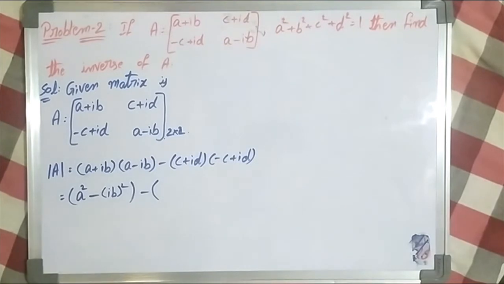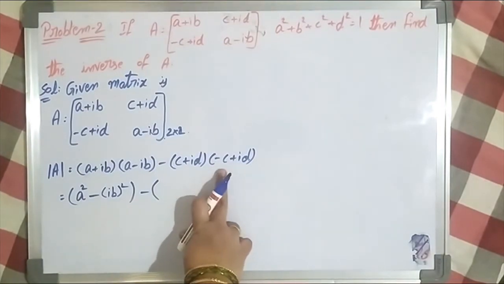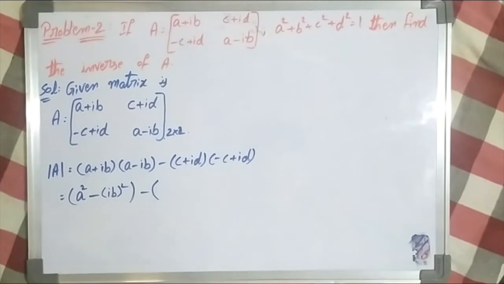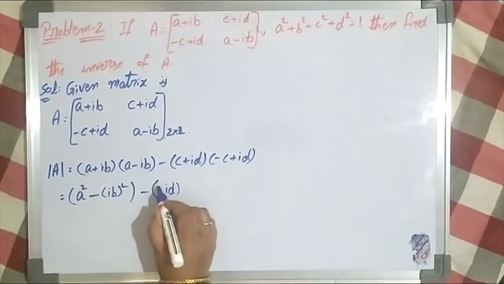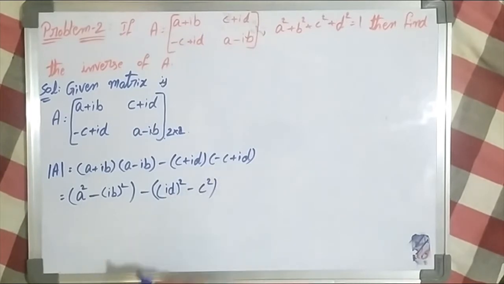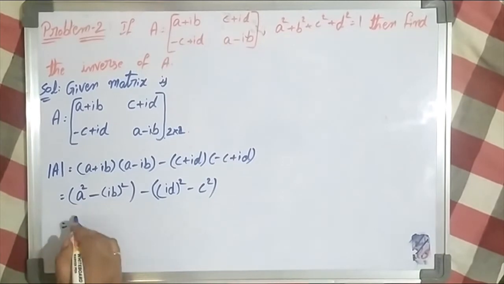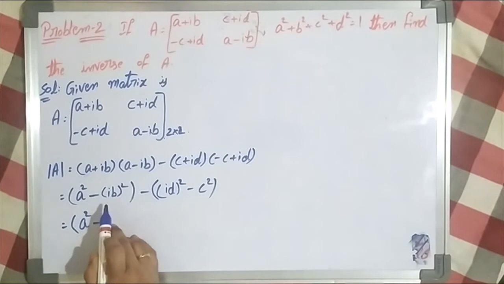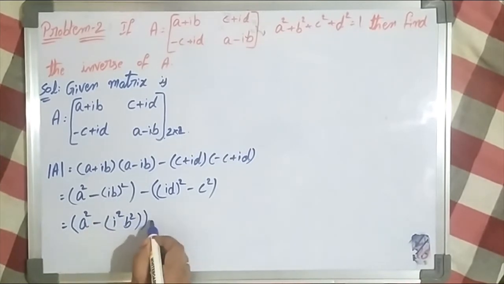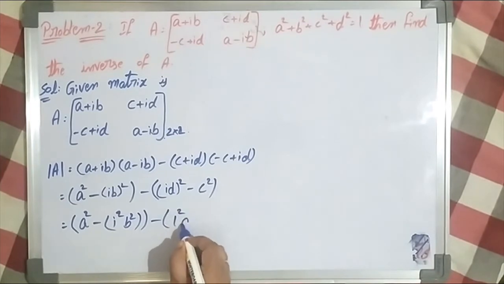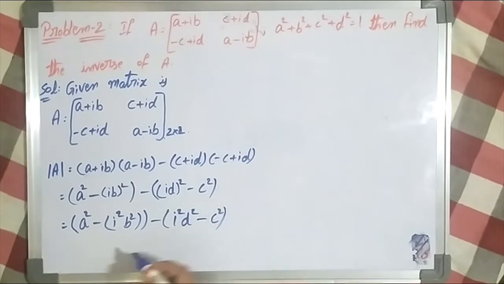This can be written as (id plus c) into (id minus c). That is the formula. Then (id) whole square minus c square. That is equal to a square minus of i square into b square, minus of, here also i square into d square minus c square.